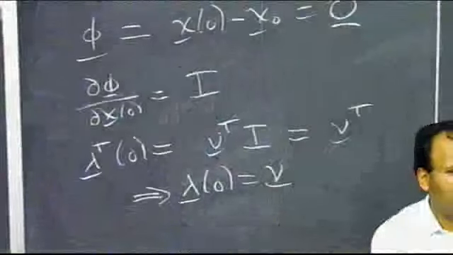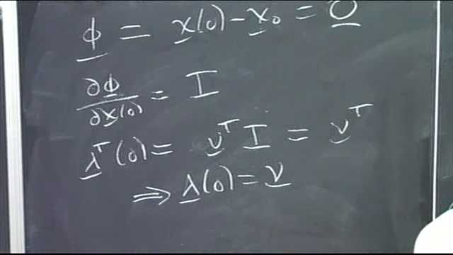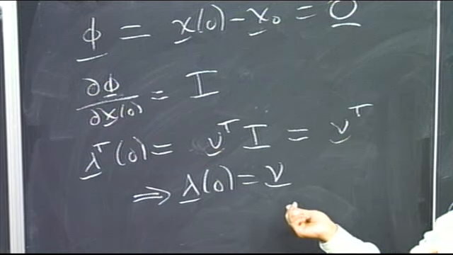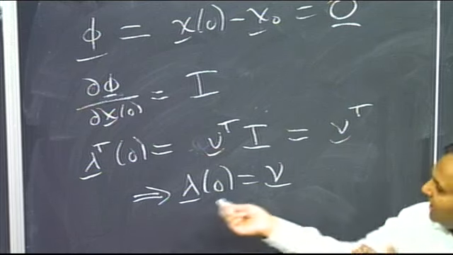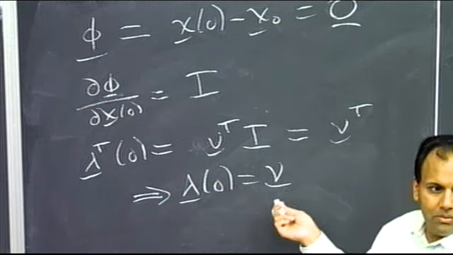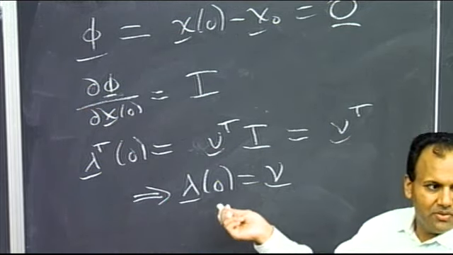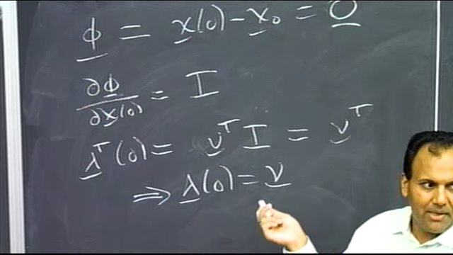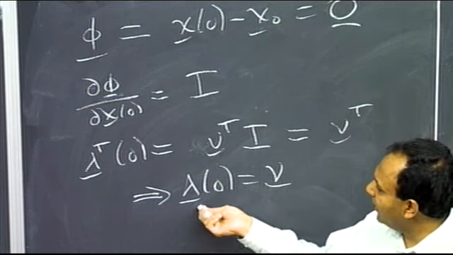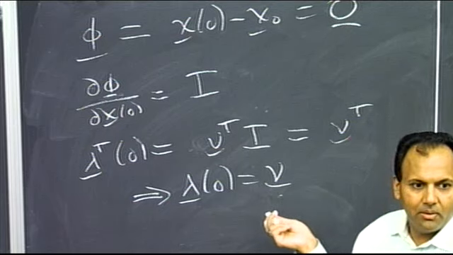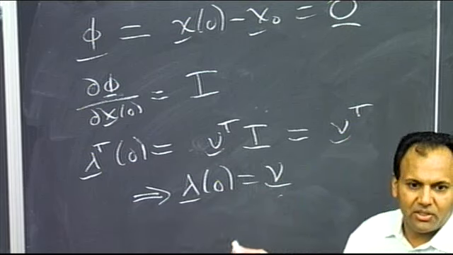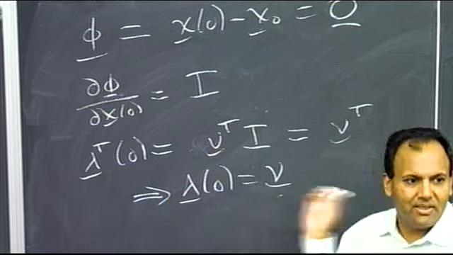It's the Lagrange multiplier of the boundary conditions. Do I know what nu is? No, I don't know what nu is. So this says that lambda 0 is equal to nu. I don't know what nu is, so do I know what lambda 0 is? No, because it's equal to something I don't know. So this says something I don't know is equal to something else that I don't know, so this is a completely useless equation.